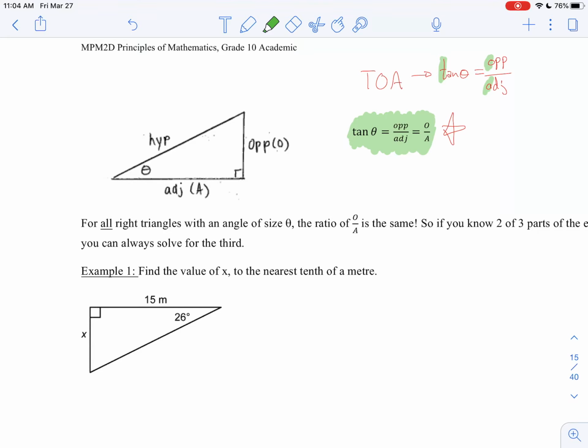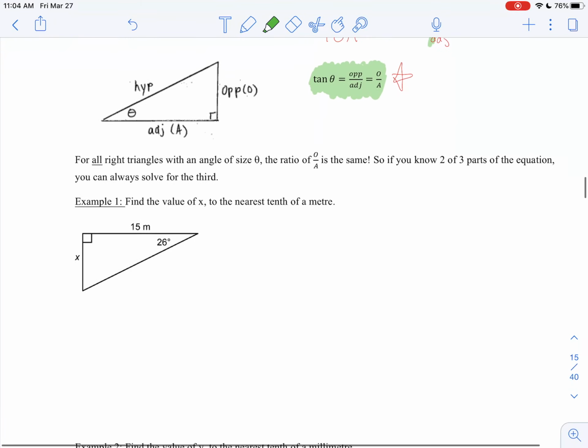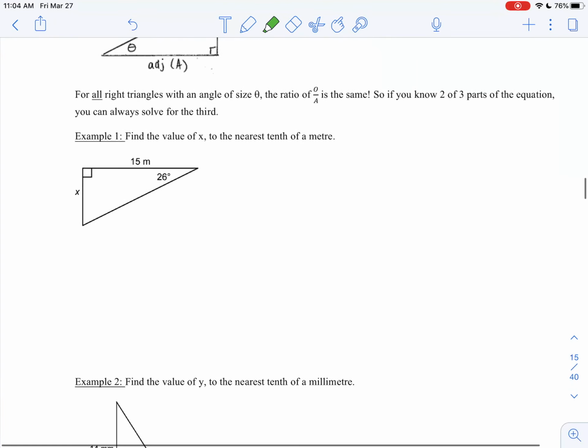You may be thinking, very well and dandy, but how is this going to be of use to us? Let's take a look at a problem where we don't have a set of similar triangles. Notice we only have one triangle in this problem, and we have a missing side length. It is very important that the missing side length is opposite the angle. This is the angle we're looking at, 26.